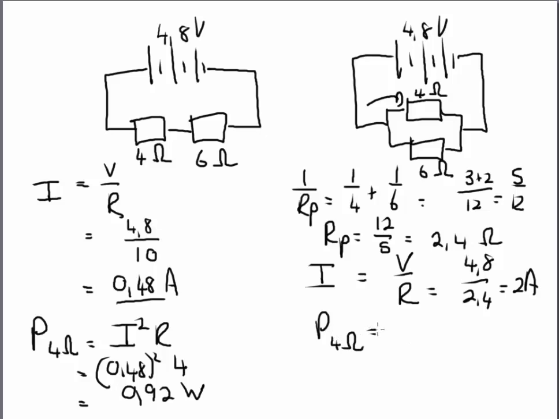I'm going to use V squared over R. So it's going to be 4,8 squared over 4. This gives me 5,76 watt. So as you can see in the parallel circuit, the power of the 4 ohm light bulb is the greatest, and therefore it will burn the brightest.